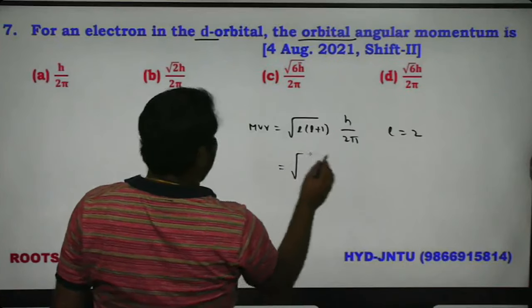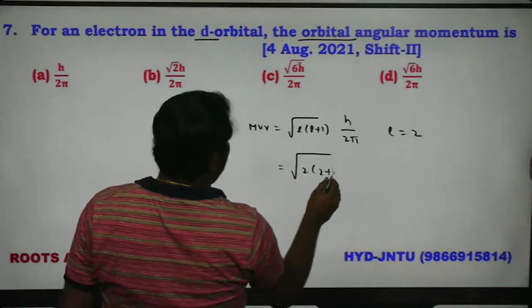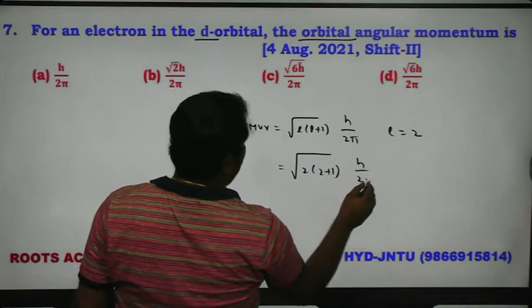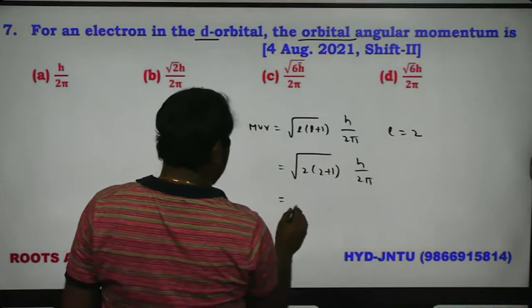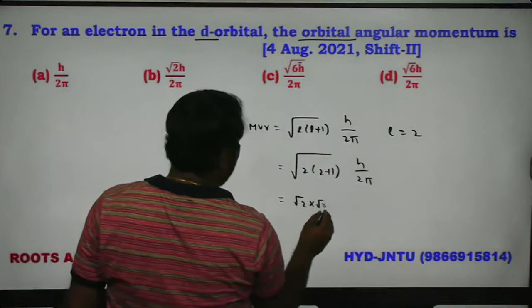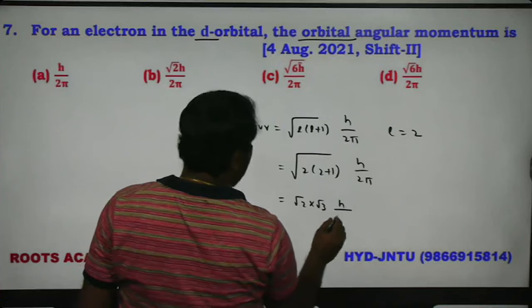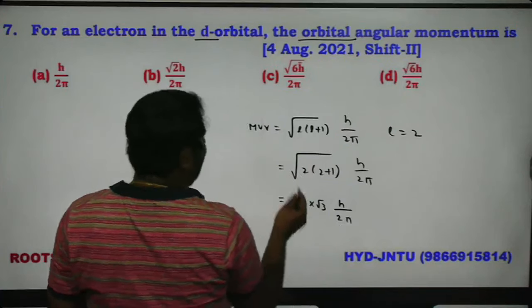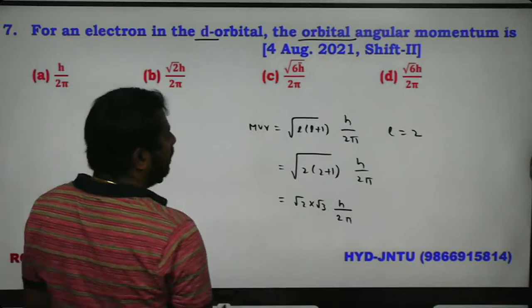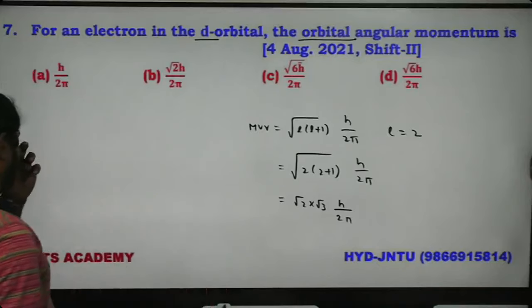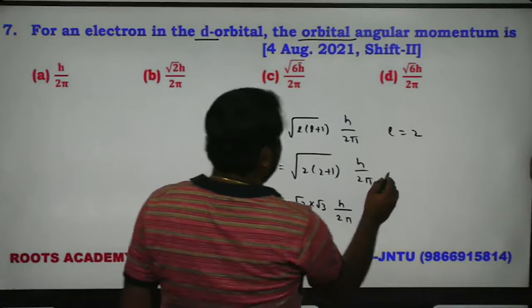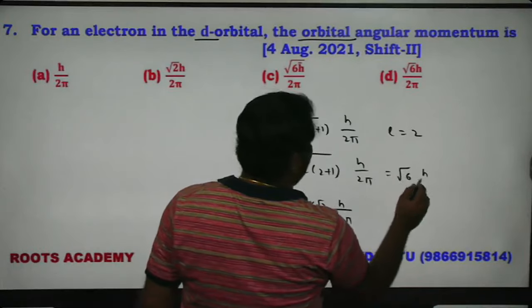So you can write 2(2+1) · h by 2π. You can write √2 · √3 · h by 2π. If it is directly given √6 · h by 2π, you can go directly, no problem. This is √6 h by 2π.